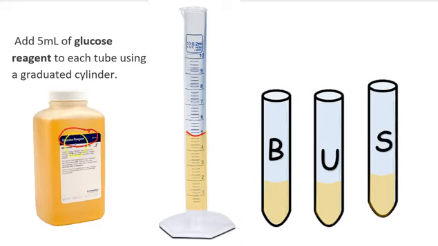So as you can see, our glucose reagent color is orange, and if there is glucose in our solution, the orange color would change to red. So the first step, we need to add the 5 milliliters of glucose reagent to each of our B, U, S: blank, unknown, and standard solution.